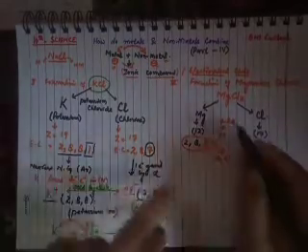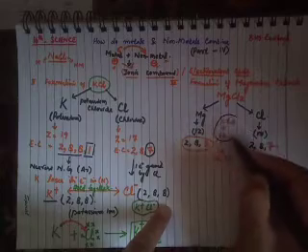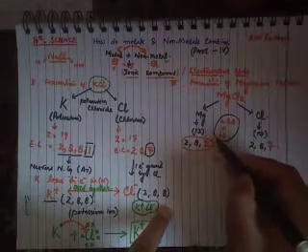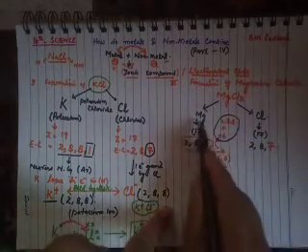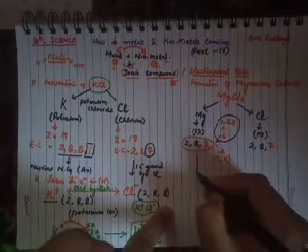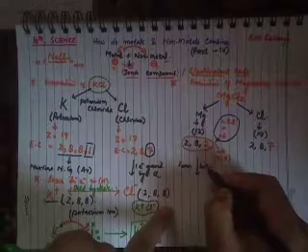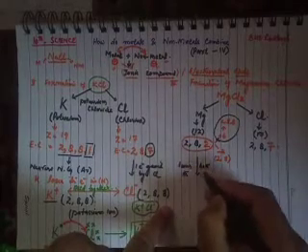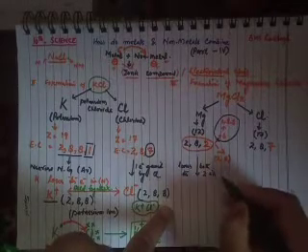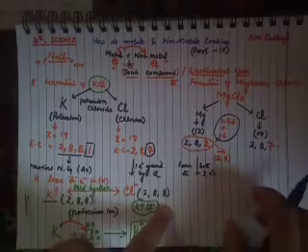Dear students, the first process is not possible, and that is why the magnesium atom loses both its 2 electrons present in the outermost or last shell.